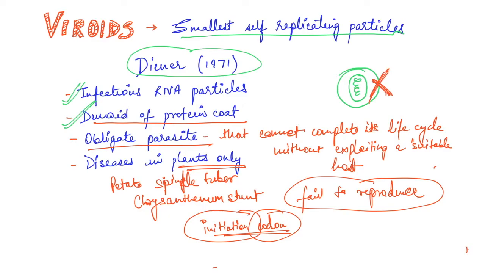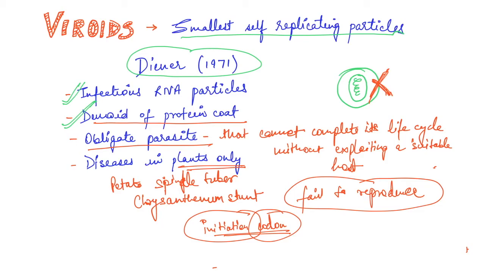They are obligate parasites, that means they cannot complete their life cycle without exploiting a suitable host, or else they'll fail to reproduce. They cause disease in plants only, like potato spindle tuber or chrysanthemum stunt. They don't have an initiation codon, so they cannot produce their own protein. They can multiply by RNA and DNA dependent replication.